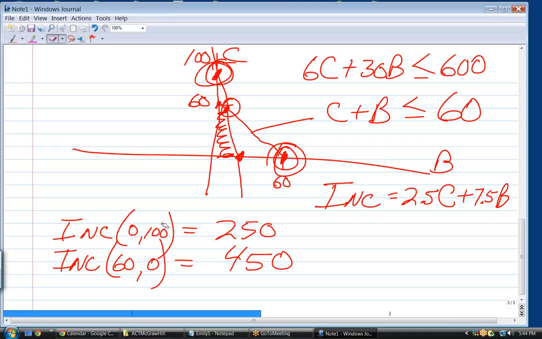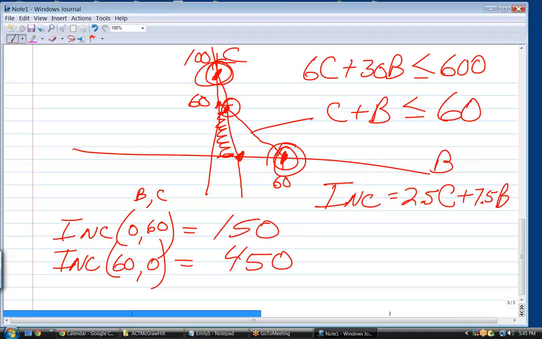So I did this first one wrong. That would be 0 and 60. And this would be 60 and 0. In other words, this is buses, this is cars. So if I had 60 cars, my income is going to be $150.